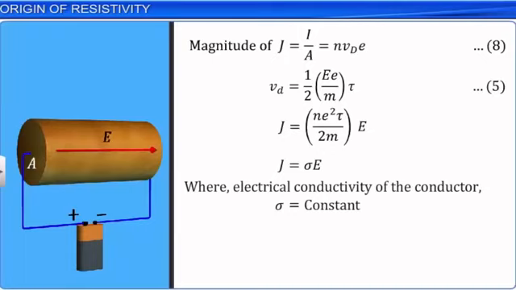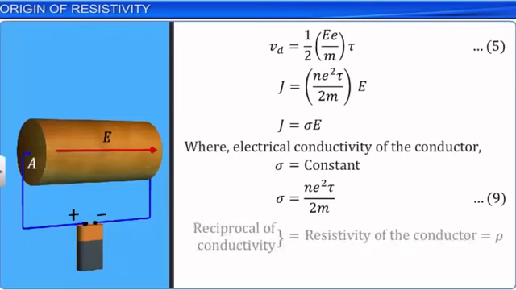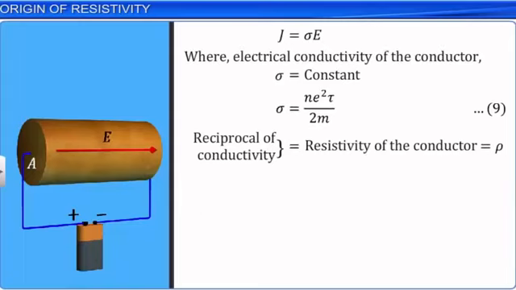Let this be equation 9. The reciprocal of conductivity is called the resistivity of the conductor. It is denoted by the Greek alphabet rho. From equation 9, resistivity rho is equal to 2m by n e square tau. Let this be equation 10.